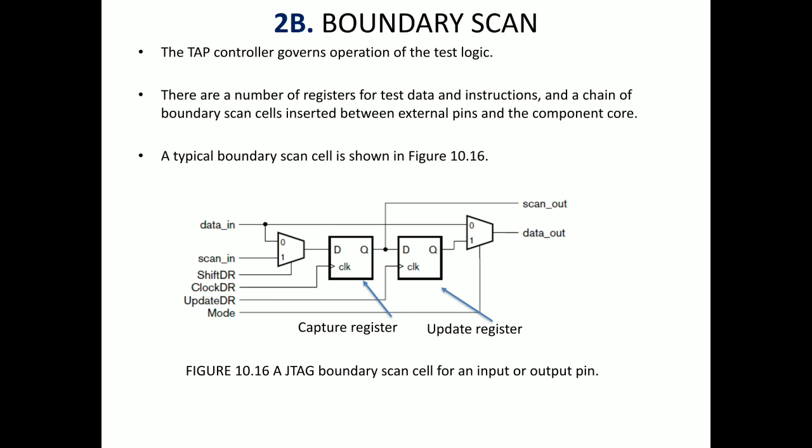The TAP controller governs operation of the test logic. There are a number of registers for test data and instructions, and a chain of boundary scan cells inserted between external pins and the component core. This is a scan chain cell, a scan flip-flop.